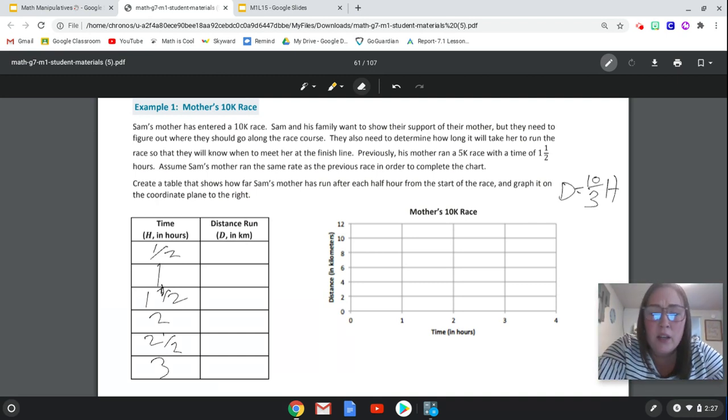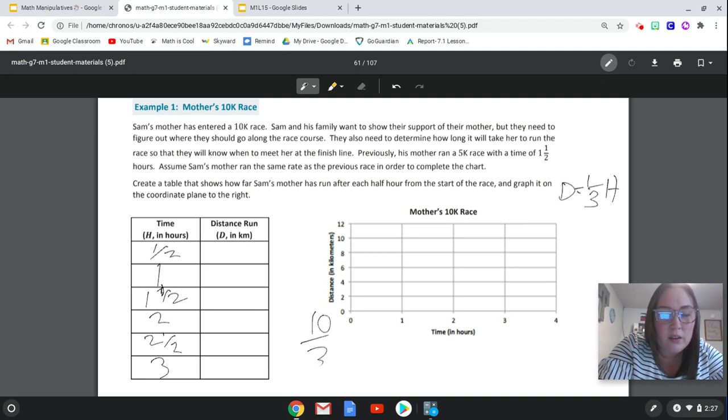We can do this. Okay, 1/2. I already have 10 thirds. I have to multiply that by my h, which in this one is 1/2.